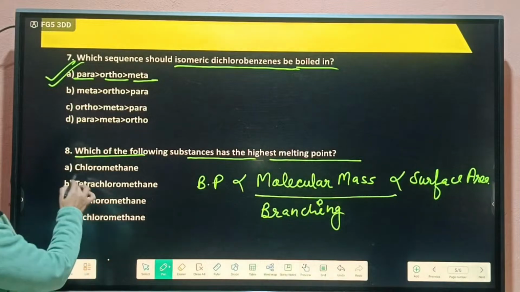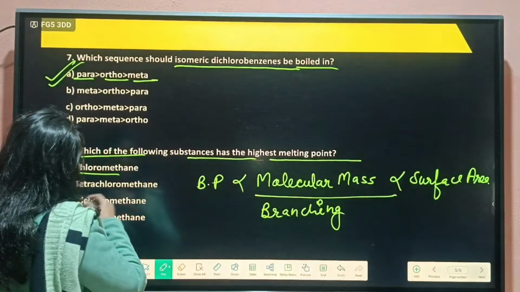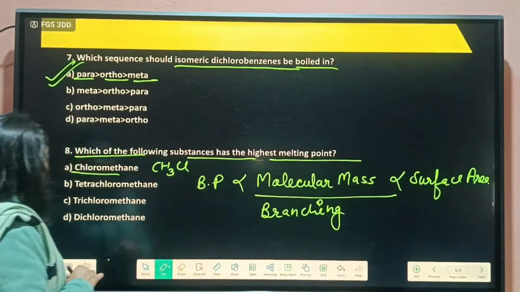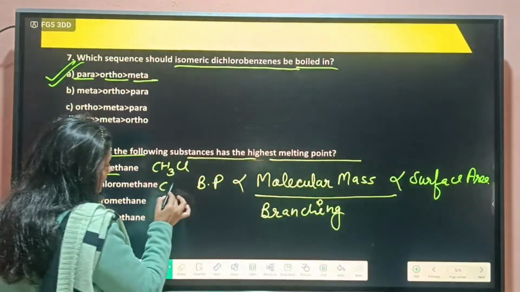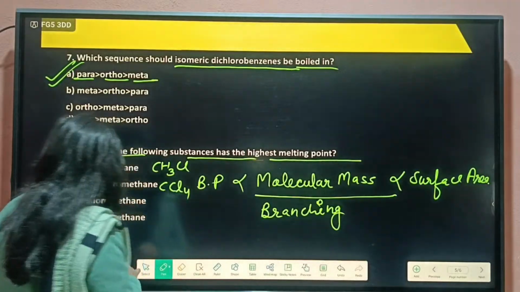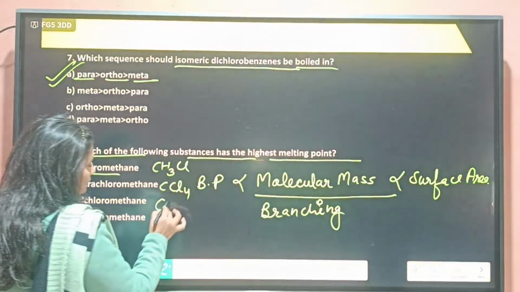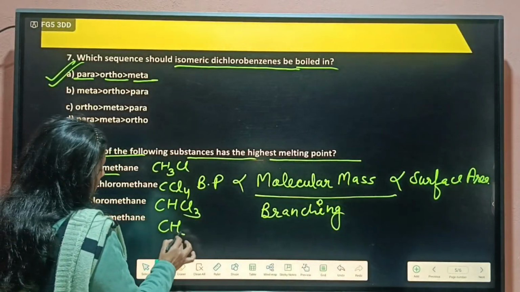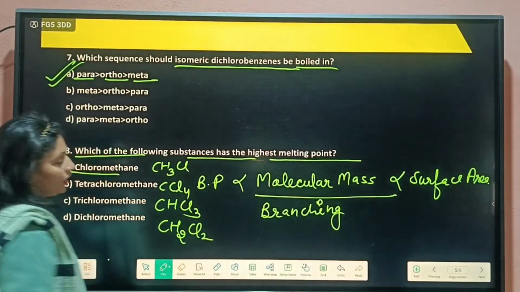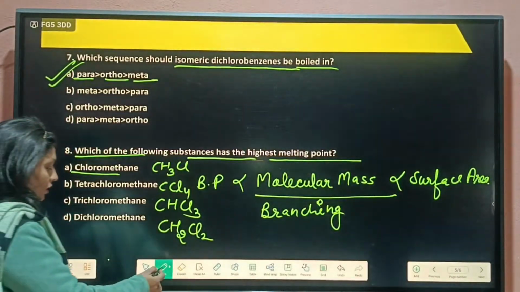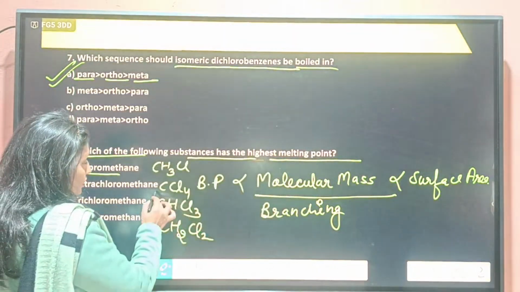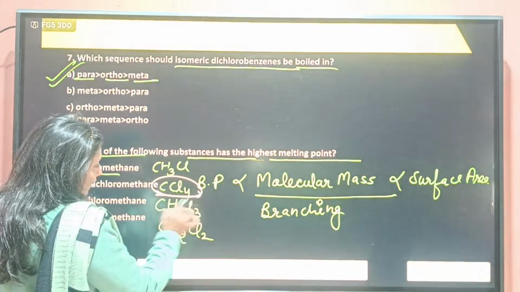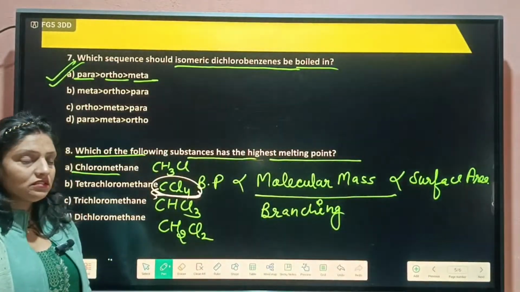Option A, chloromethane, CH3Cl. Tetrachloromethane, CCl4. Trichloromethane, CHCl3. Dichloromethane, CH2Cl2. Here students, chlorine is maximum in CCl4, so it has more molecular mass.